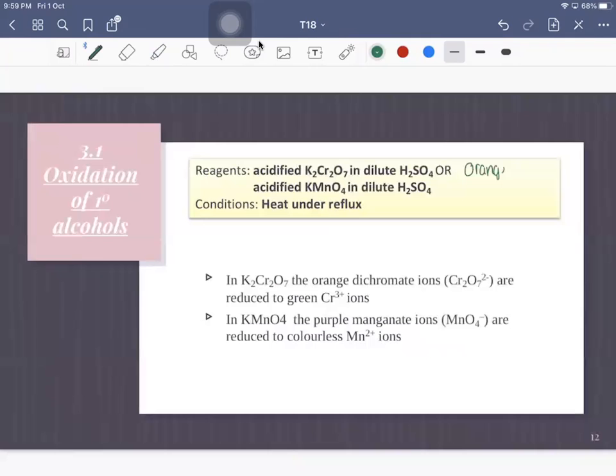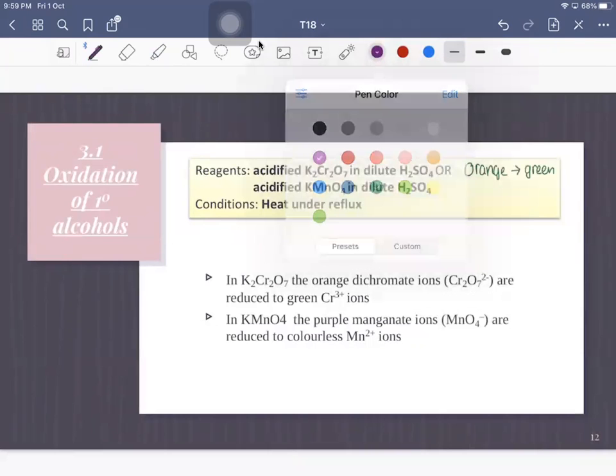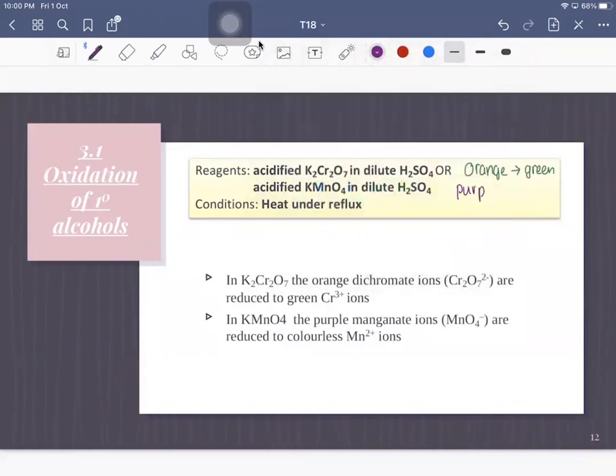When you use acidified potassium manganate, you will see purple to colorless. The explanation is here. I've already mentioned, when the oxidizing agent oxidizes alcohol to carboxylic acid, the oxidizing agent itself gets reduced.